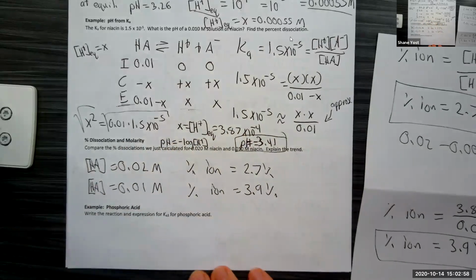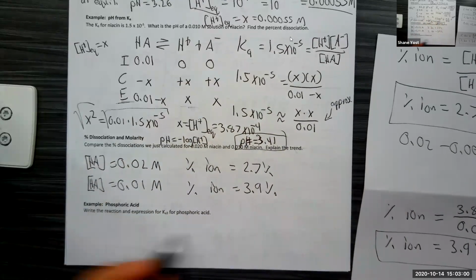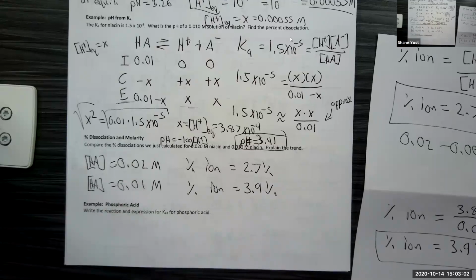So we see that as the concentration of your weak acid decreases, its percent ionization increases. The percentage of that weak acid that breaks apart in solution increases. So the less acid you have, the larger percentage of it is going to be breaking apart in solution.